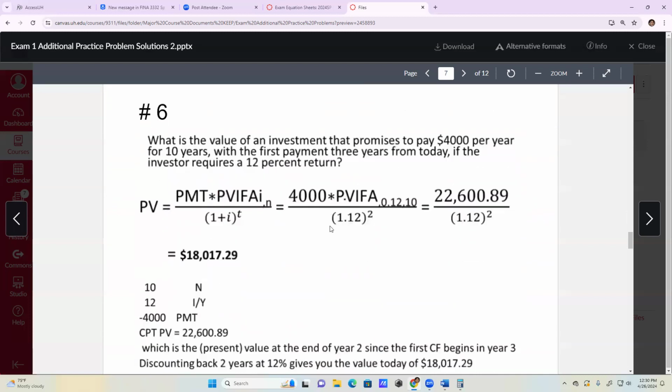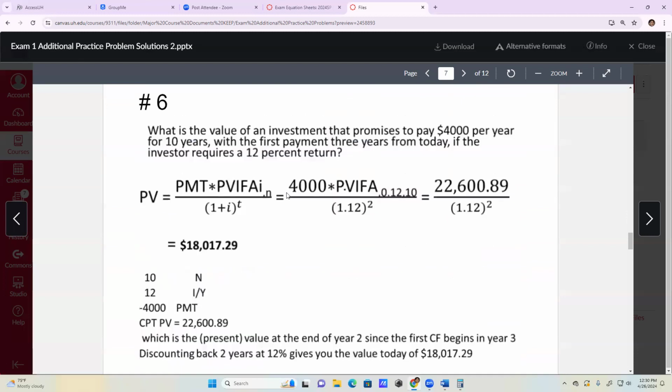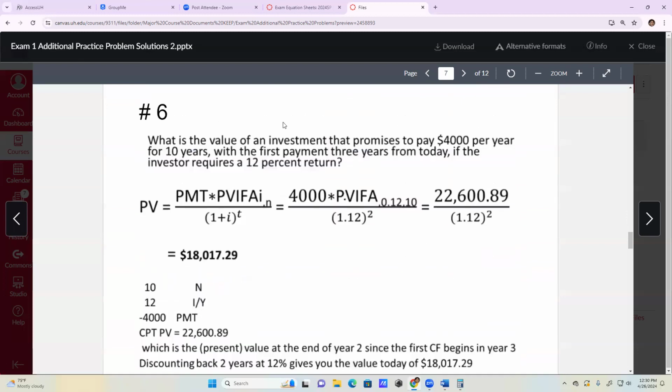I think the other practice is require blah blah blah. Let's see. Permit to pay per year with the first payment 3 years from today. Okay. So this type of problem is when it says the first payment 3 years from today.